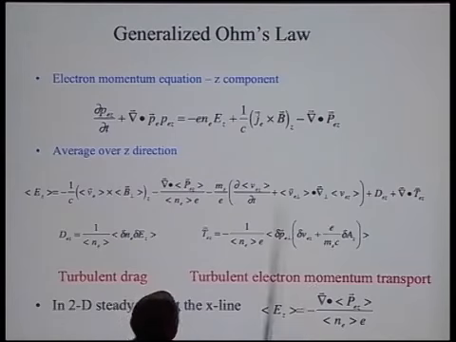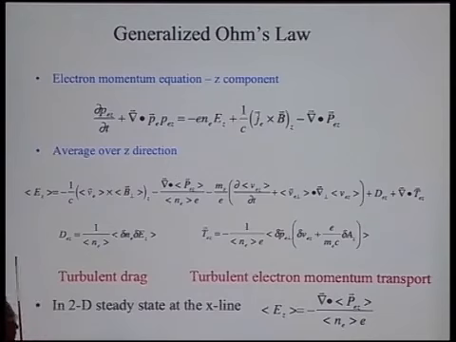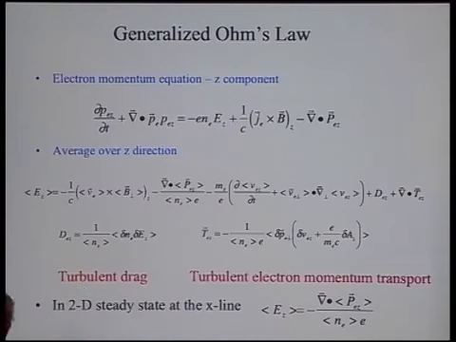This term and this term sort of nominally go to 0 in 2D. Which term goes to 0? These are the turbulence terms. Now, it is true in a two-dimensional system you do get some turbulence, but that would be in the plane direction, and I'm not talking about that.